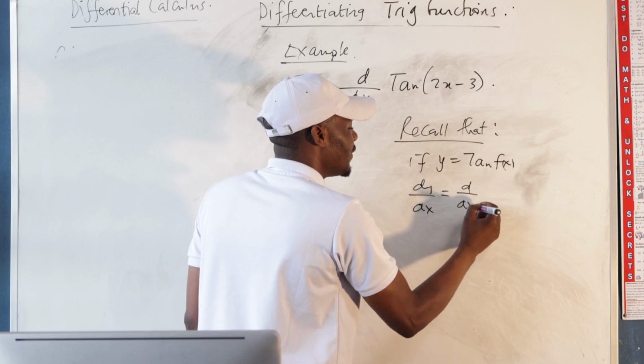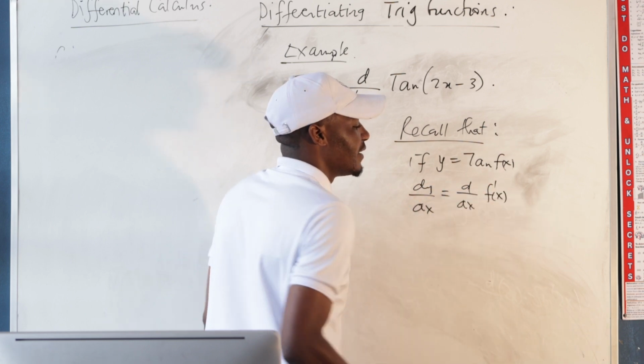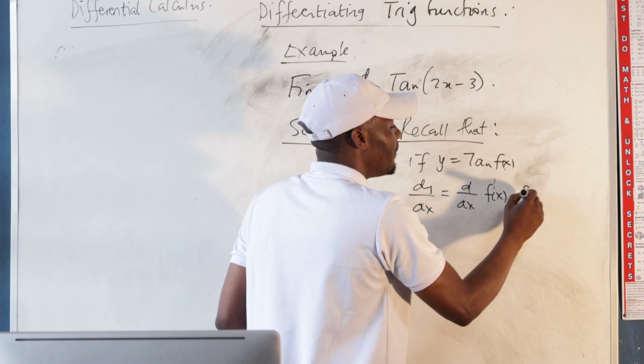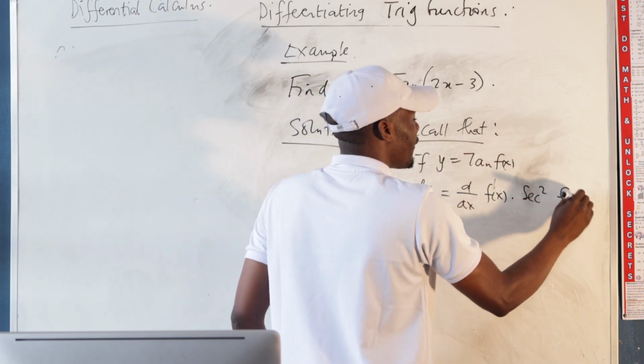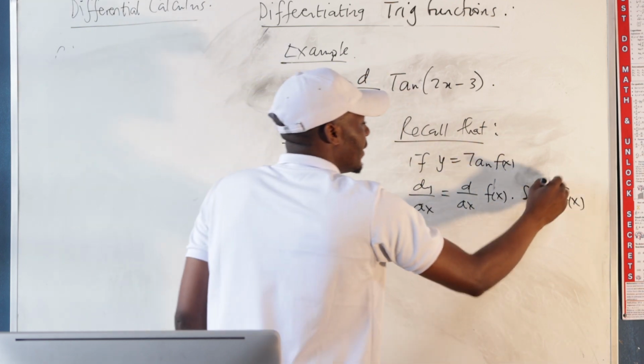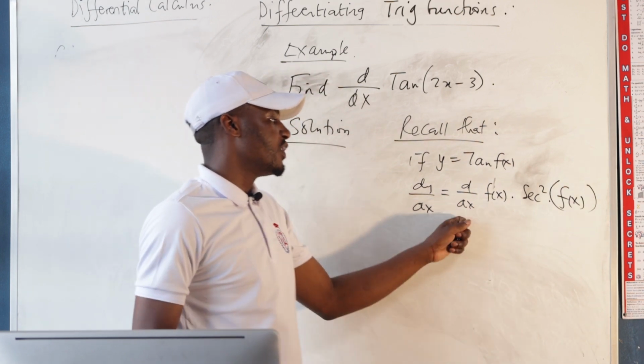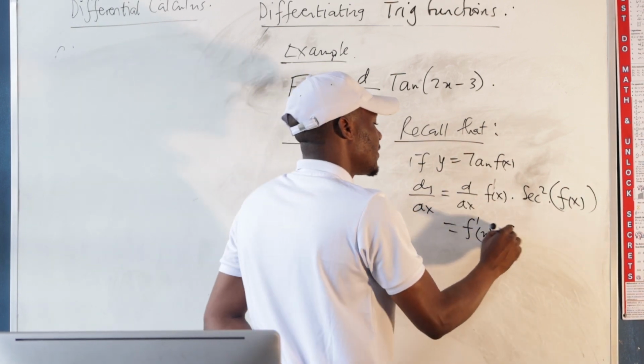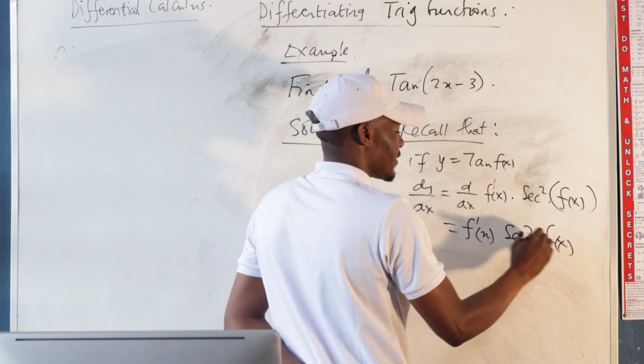Once you get the derivative of f of x, then you multiply by sec squared f of x. So the derivative of f of x, by the end of the day, gives us f prime of x times sec squared f of x.